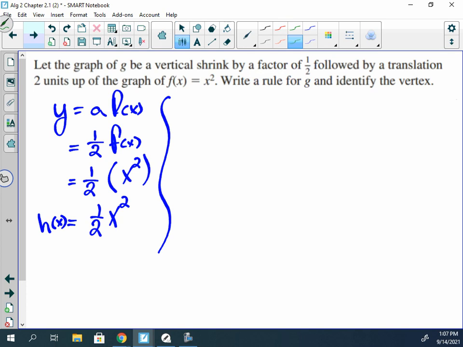That's the first step. First translation done. The second one is a translation of 2 units up. So y equals f of x plus k. Well, we really don't have f of x anymore. We have h of x. And our k would be plus 2. Up 2 would be a positive 2.